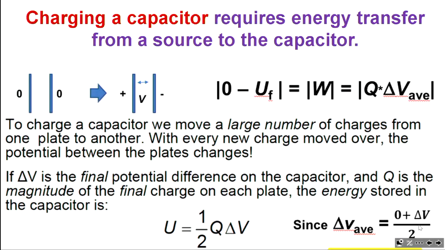But we can just calculate the work using the same equation. Charge times potential difference. We just have to use the average one, the average between 0 and the maximum. And that finally gives an equation for the energy of a charged capacitor. This is that actual potential difference, actual voltage, which the battery provides.